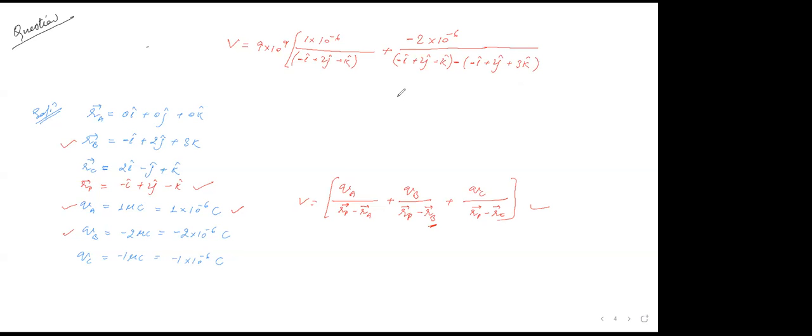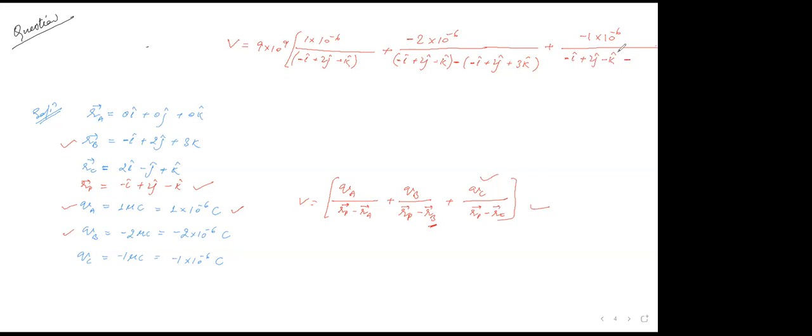And the third part is QC. What is your QC? Minus 1 into 10 raised to the power minus 6 over RP minus RC, where RP is again minus I cap plus 2j cap minus K cap.